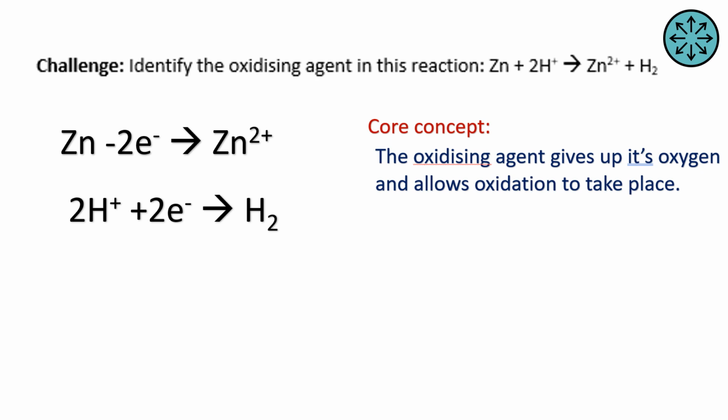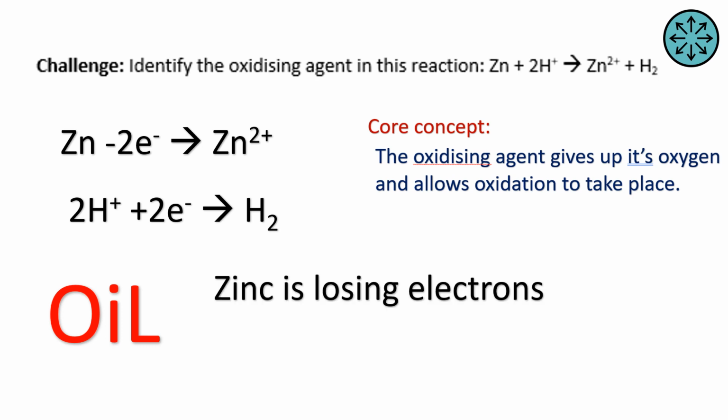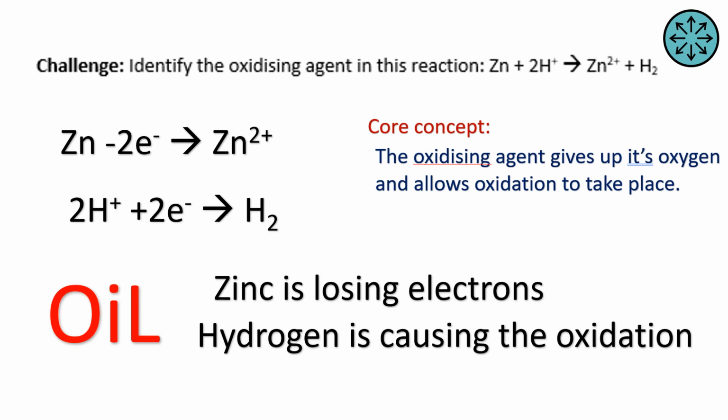Okay, so it's asking about an oxidizing agent. So oxidation is loss. Okay, so let me think about this. So zinc is losing electrons, but the oxidizing agent is the one that's causing the oxidation.